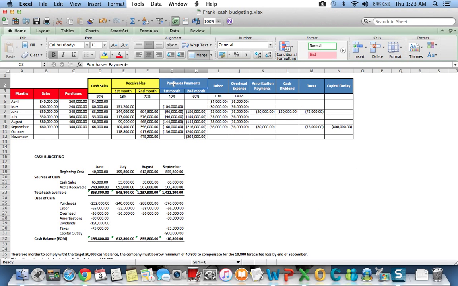So monthly purchase payments is equal to monthly purchases times 40% and 60% respectively, where the 40% payments are made in the month after the purchase and the 60% payments are made 2 months after the month's purchase.